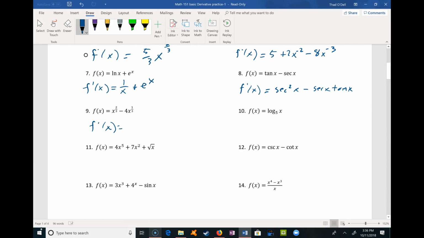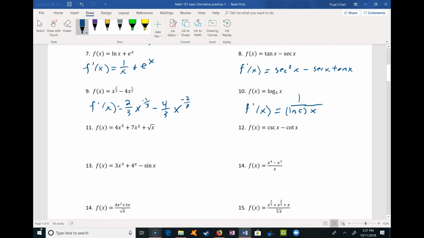Once again, multiply out front by 2/3, drop the power by 1, so that'd be negative 1/3. And this would be negative 4/3, and drop the power 1, and that'd be negative 2/3. Okay, the derivative of log base 5, that's going to be 1 over ln 5 times x.